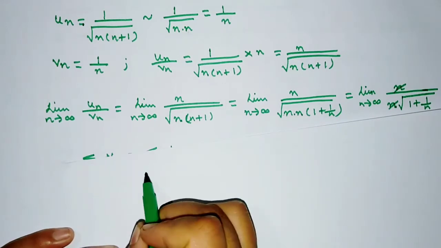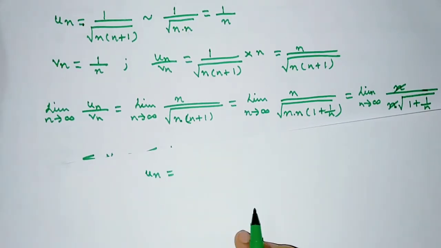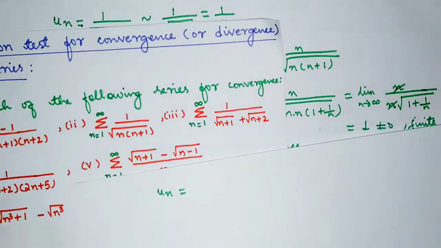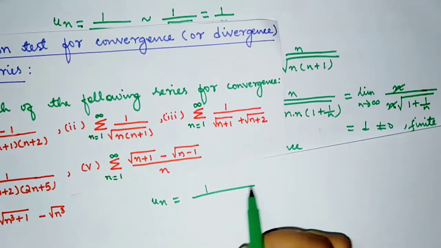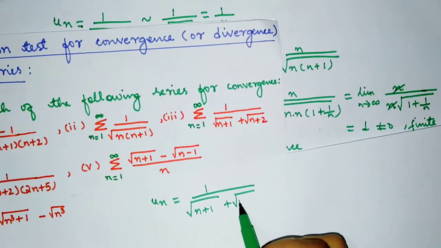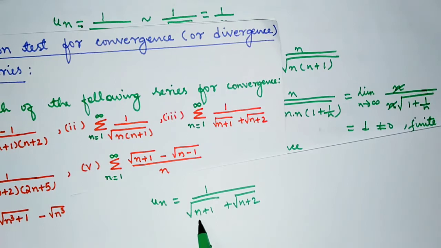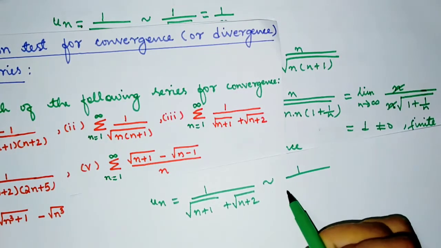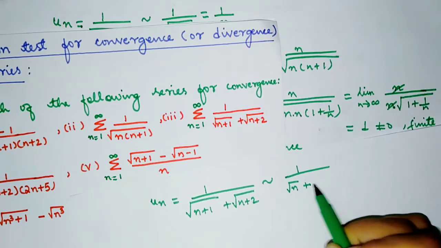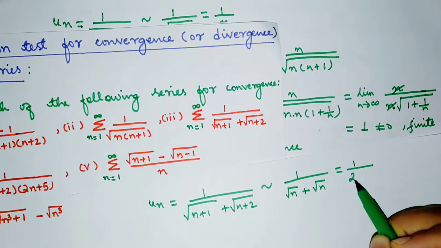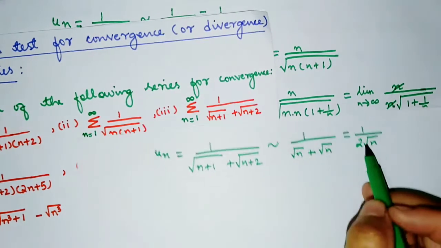What is our un? It is 1 upon square root n plus 1 plus square root n plus 2, and for large values of n, this is nearly the same as 1 upon root n plus root n, which is equal to 1 upon 2 root n. So find Vn from un.